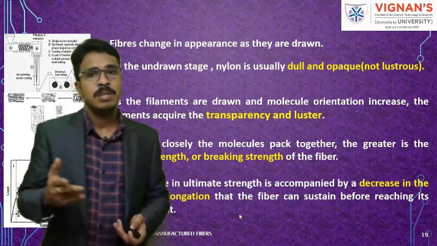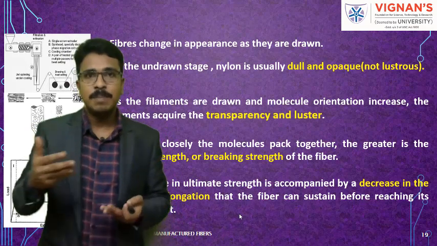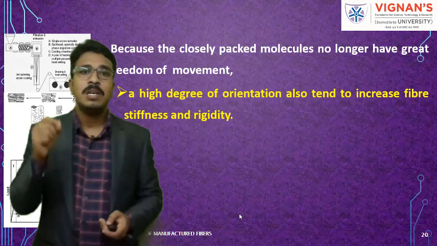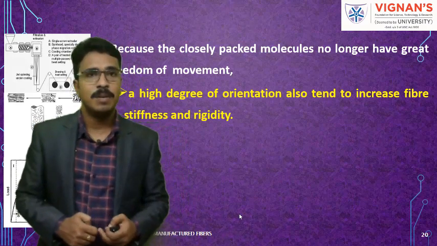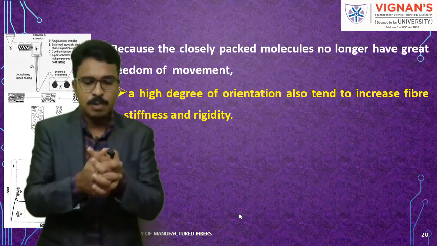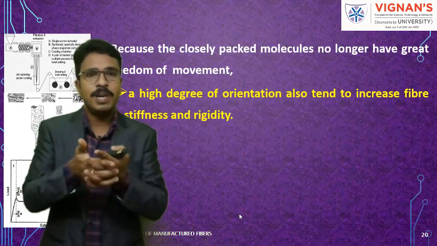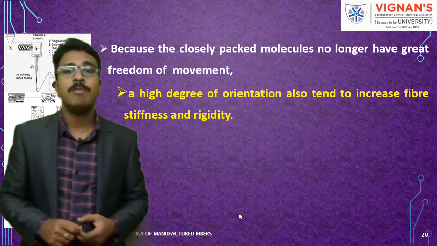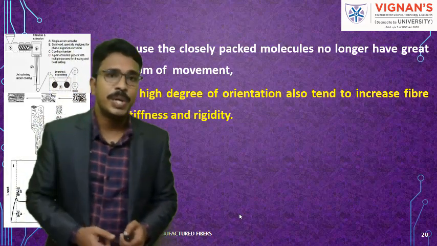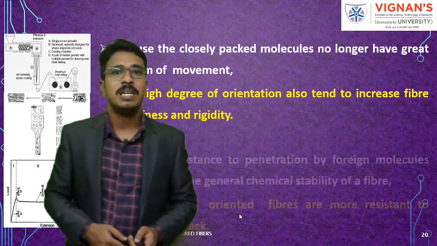That means elongation is going to be reduced, because the closely packed molecules no longer have great freedom of movement. Suppose you have closely packed molecules, then where will the elongation come from? A high degree of orientation also tends to increase the fiber stiffness and rigidity.